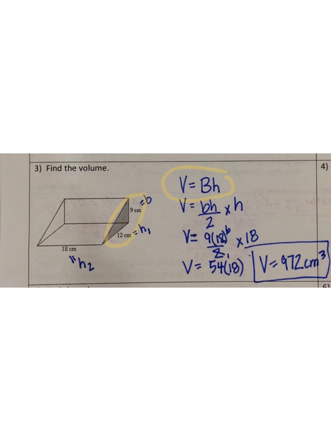So base of the triangle is 9 times 12. We divide that by 2 and then bring it to the third dimension by multiplying by 18. With 2 and 12, I divided first and got the 2 to be a 1 and this 12 to be a 6. 9 times 6 is 54, and 54 times 18 is 972 cubic centimeters.